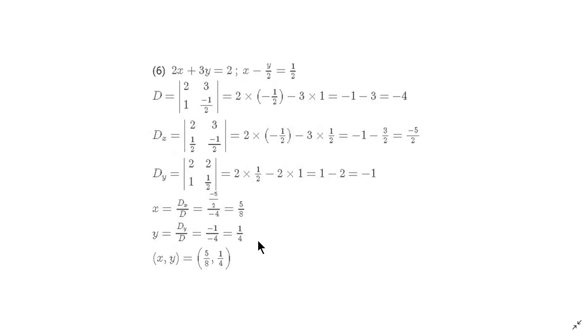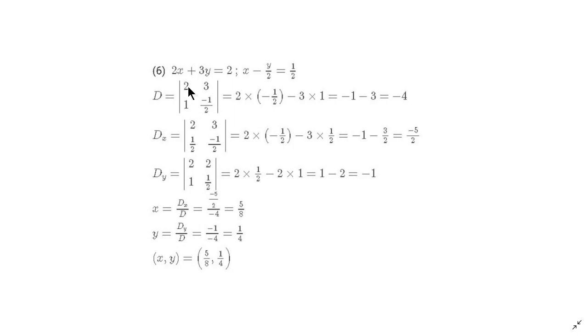Question number 6. Is it in the standard format? X, y, 2, right? Y has a coefficient minus 1 by 2, and is equal to 1 by 2. So D is equal to 2, 3, 1, 1 minus 2, 1, minus 1 by 2.